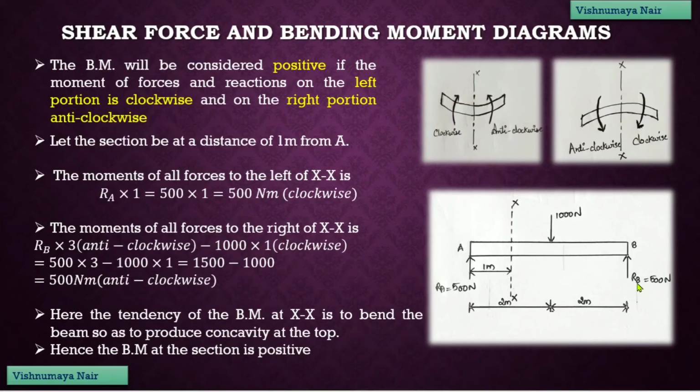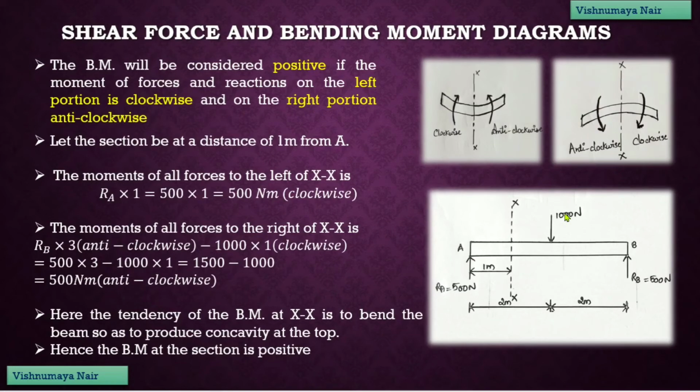So, this moment due to the force RB will be positive. So, the moment at the section XX due to RB will be 500 into perpendicular distance, that is 2 plus 1, that is 3. So, 500 into 3, which is equal to 1500 Newton meter anti-clockwise.